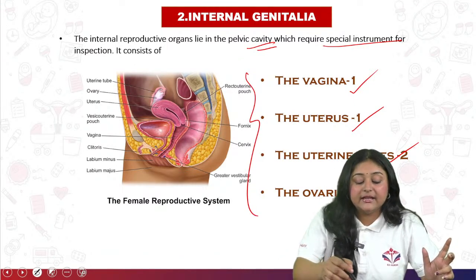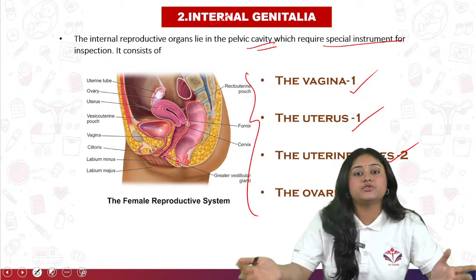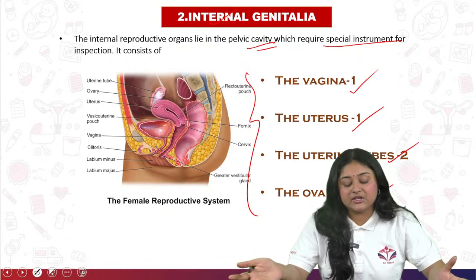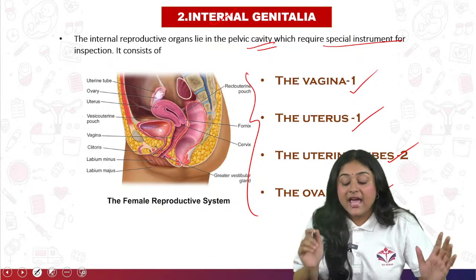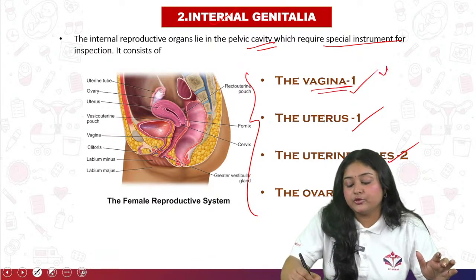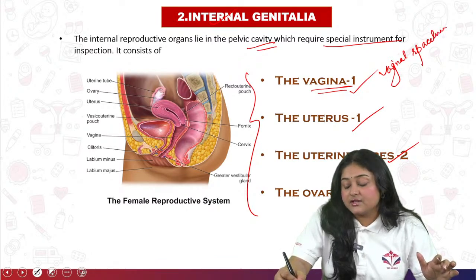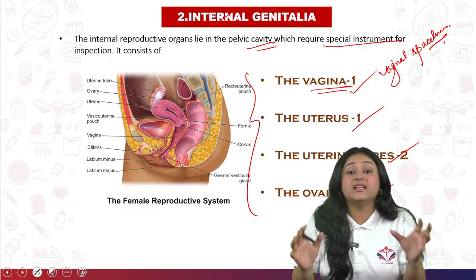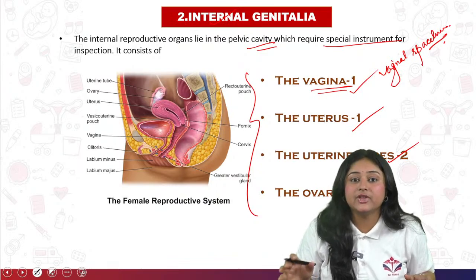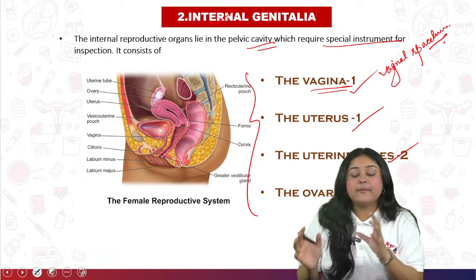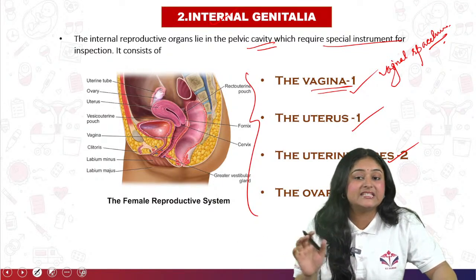These all are under internal genitalia, because when you go for vaginal examination, uterine examination, fallopian tube examination as well as ovarian examination, you have to use special instruments. For example, for the vagina, you use the vaginal speculum for the vaginal examination. Okay, which helps in widening the anterior as well as posterior wall of the vagina to properly examine inside the vagina. Similarly, for the uterus you also have to use other instruments. So these all are under internal genitalia.